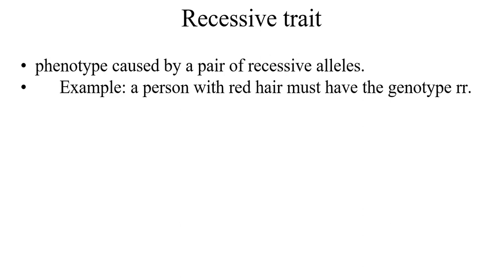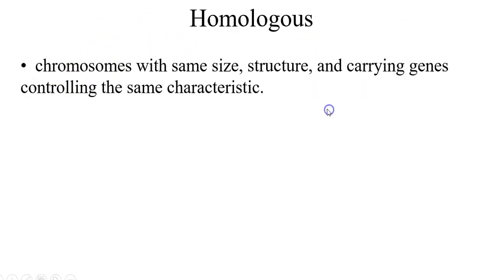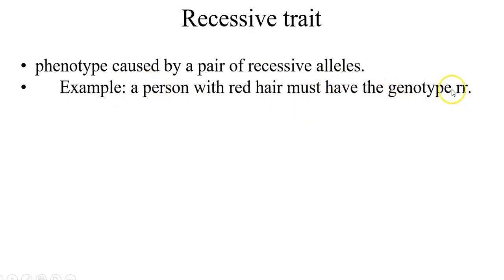The only way that a person can have a recessive trait is, go back here, that the person has to be right here, homozygous recessive. So both alleles have to code for that recessive trait, because if one of these alleles was the dominant allele, that's what would be expressed.